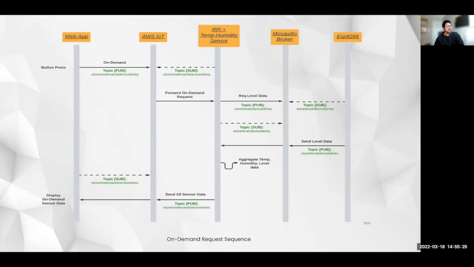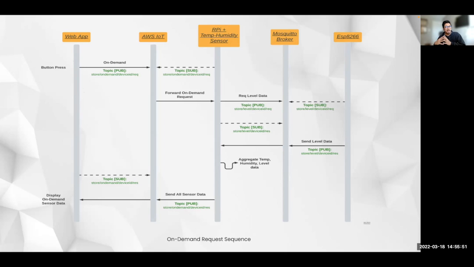So this is how the on-demand request actually works. On click of a button, the web app publishes to a topic, and then the Raspberry Pi, which has subscribed to that topic, receives that message, and it triggers a data read from the ESP8266.